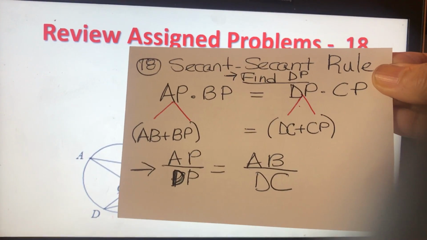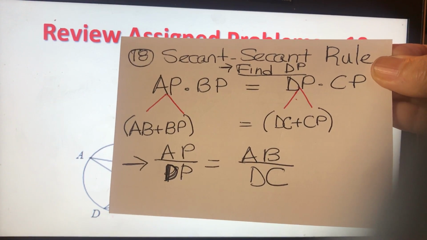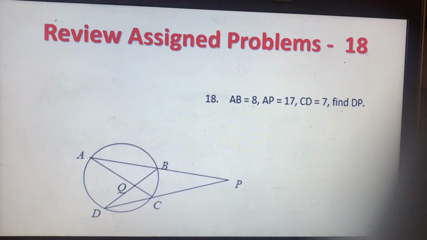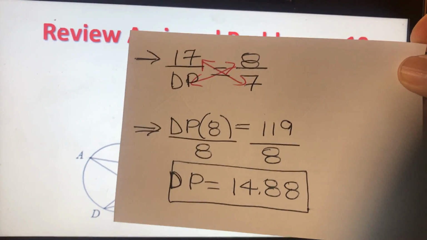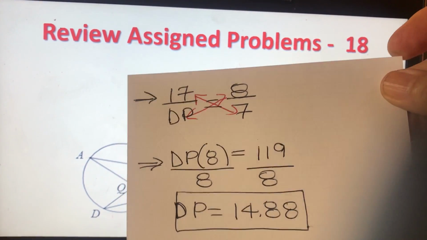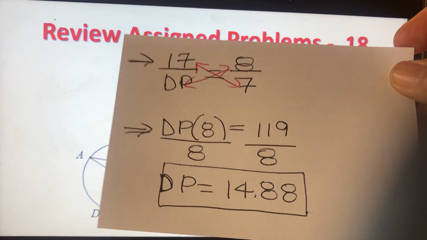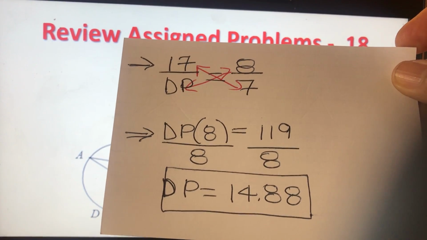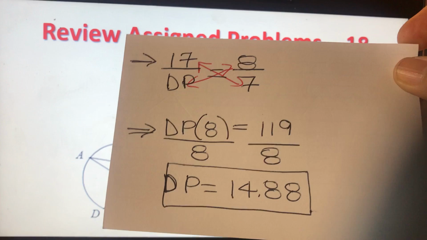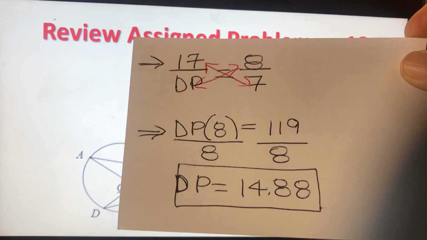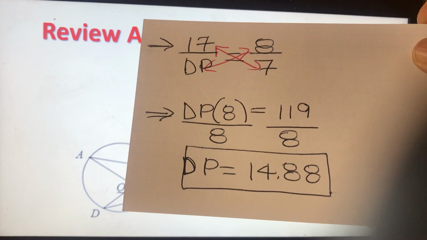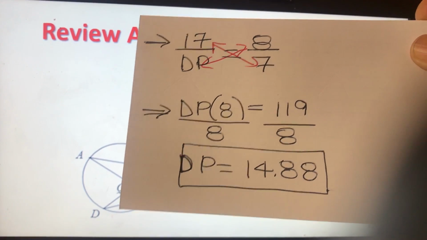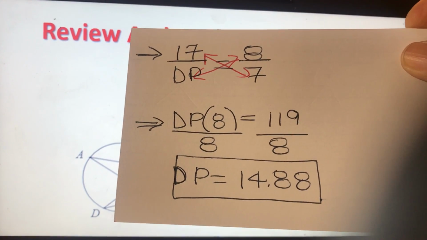Once we have established a proportion, our next step would be to substitute the values we are given in order for us to find the measure of DP. So when we substitute our values, we have that 17 is to DP as 8 is to 7. Now we do our cross multiplication, and we have that DP times 8 is going to be equal to 17 times 7, which is equal to 119.